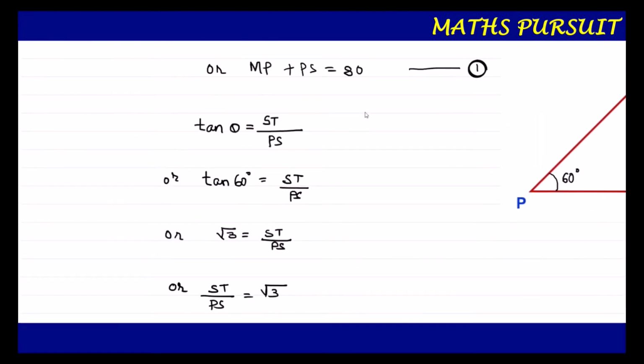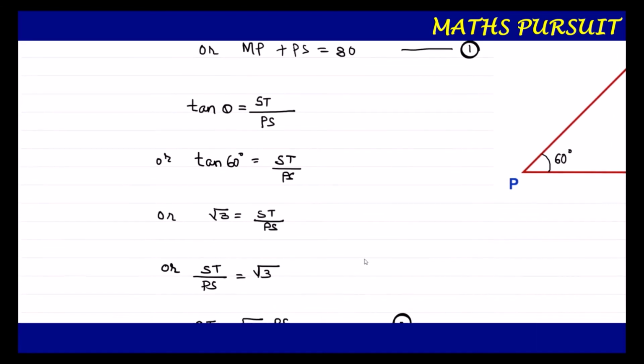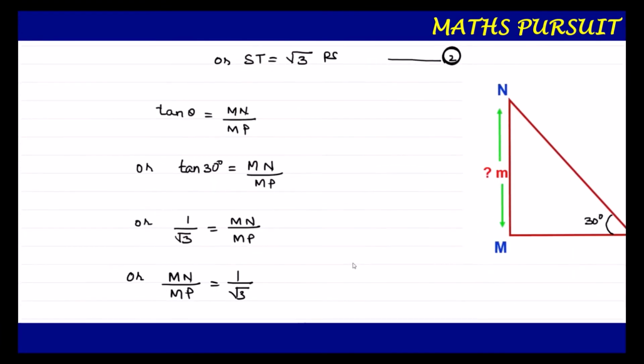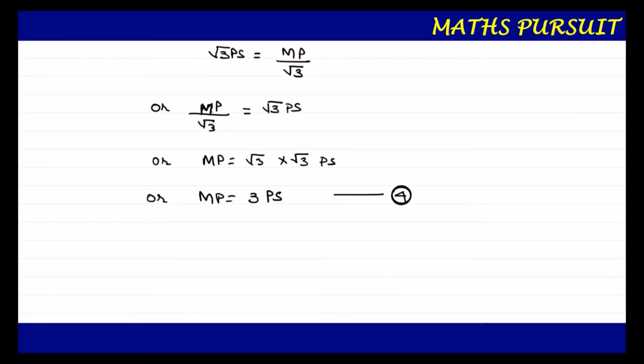Our equation number 1 says that MP plus PS is equal to 80.